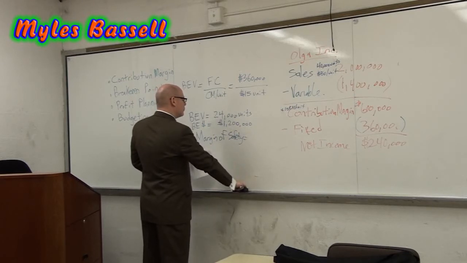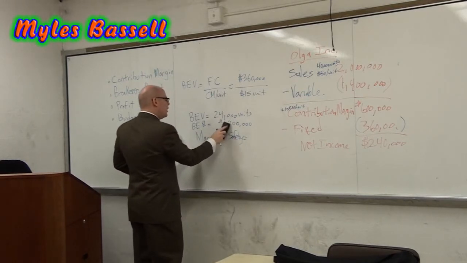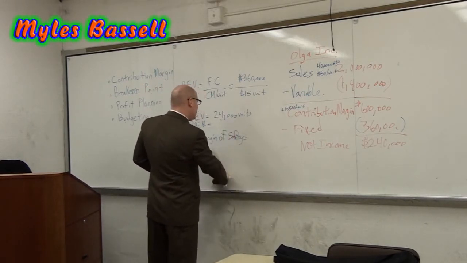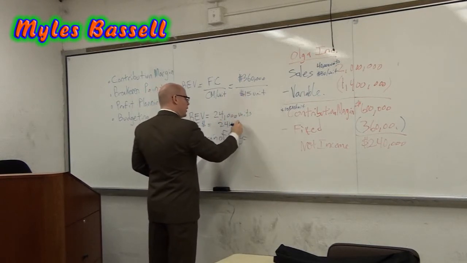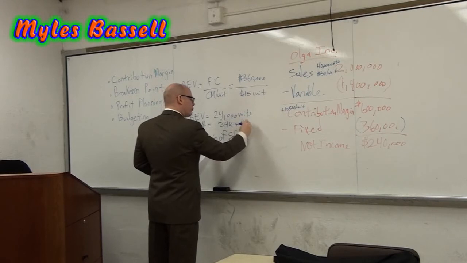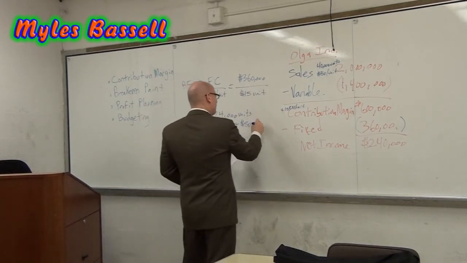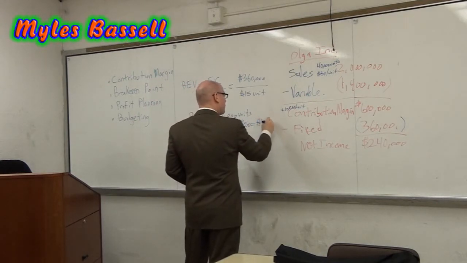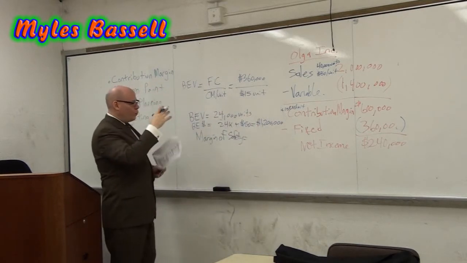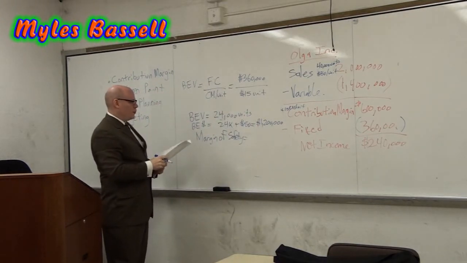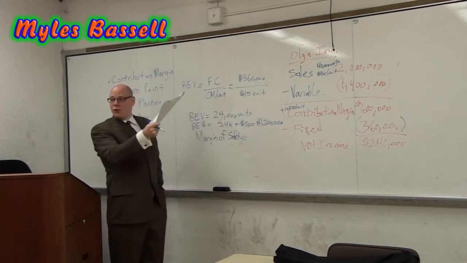What we need to do to get the break-even dollar amount is multiply the 24,000 units times the price of $50. So the break-even dollar amount is $1,200,000, which in this case means we'd have to sell 24,000 units just to break even.